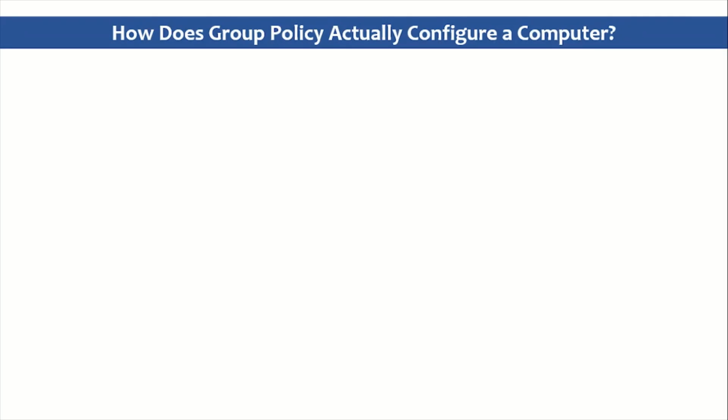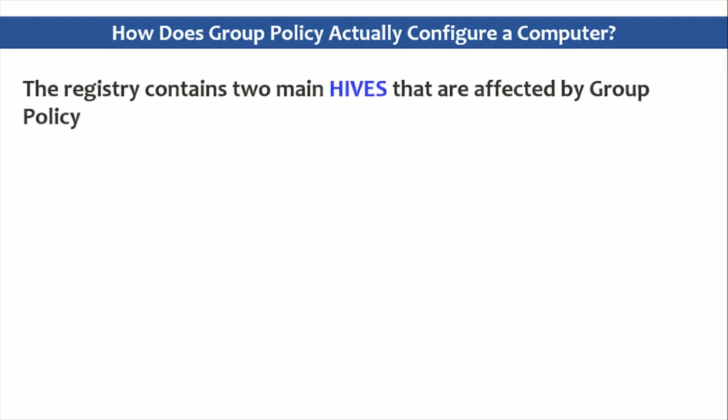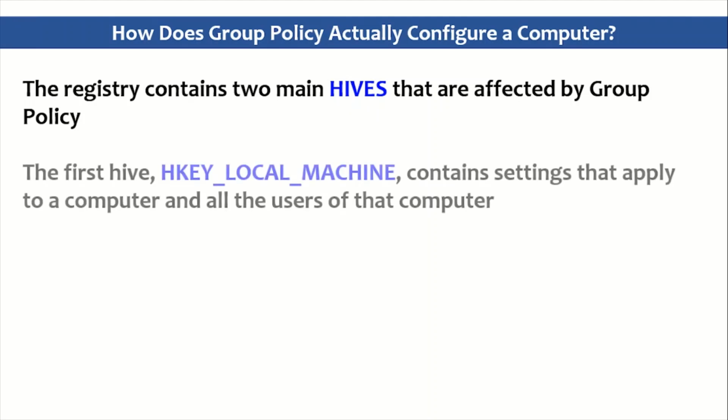So how does group policy actually configure a computer? The registry contains 2 main hives that are affected by group policy. The first hive is HKEY_LOCAL_MACHINE, which contains settings that apply to a computer and all the users of that computer.